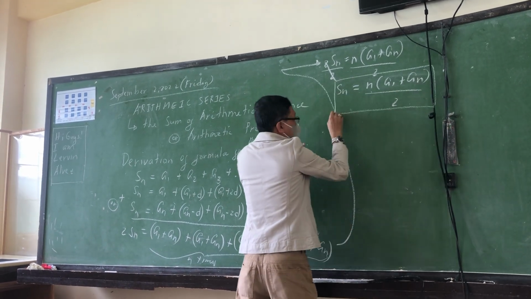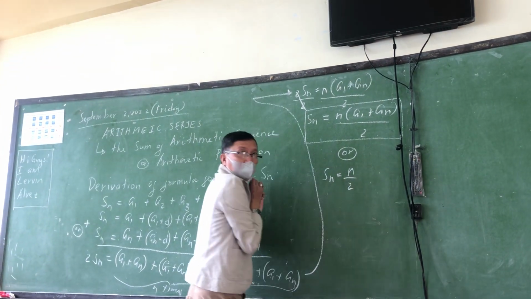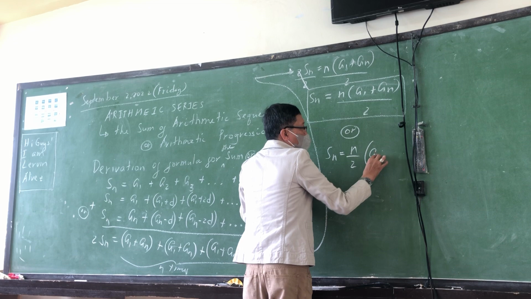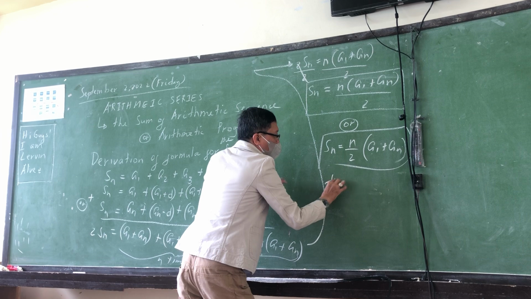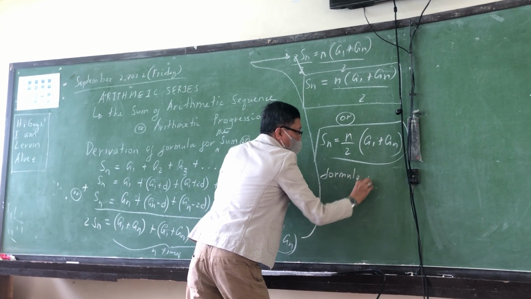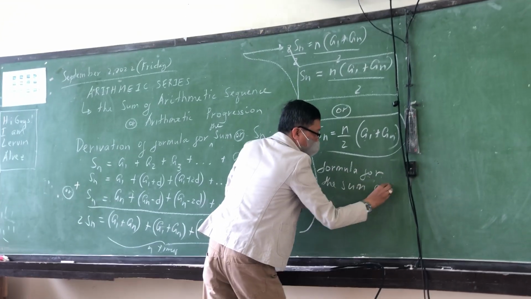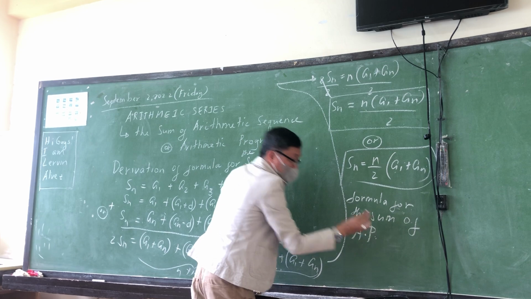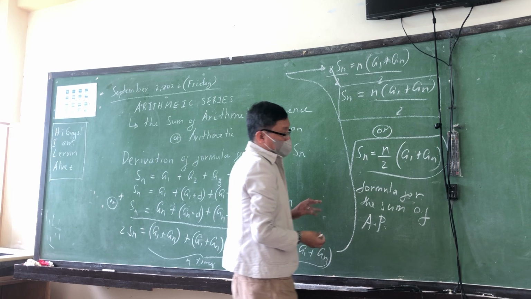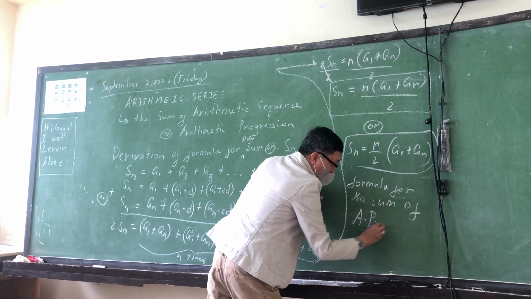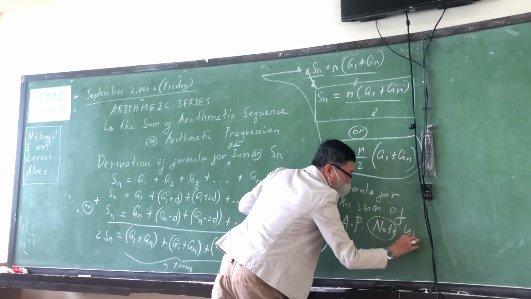Or, you may write in this manner, s sub n is equal to n over 2, just the same thing, times the quantity of a sub 1 plus a sub n. And this is now the formula for the sum of arithmetic progression or arithmetic sequence. AP na lang, arithmetic progression or arithmetic sequence. So, use this formula. Take note of this in your notebook. Very important.